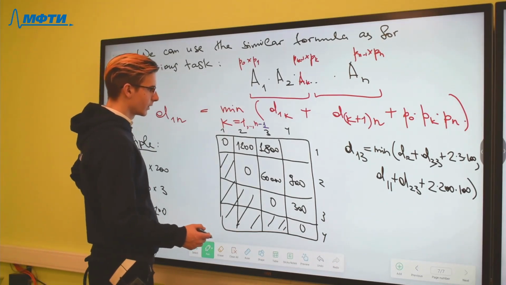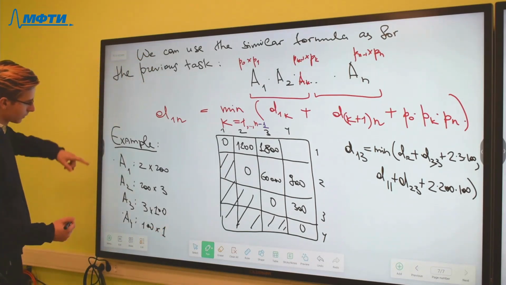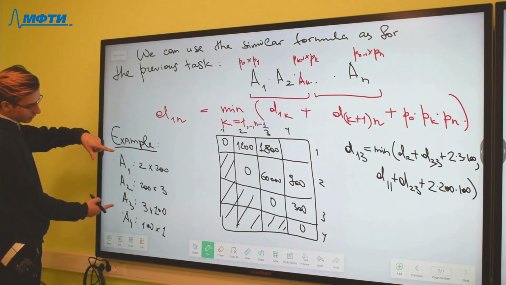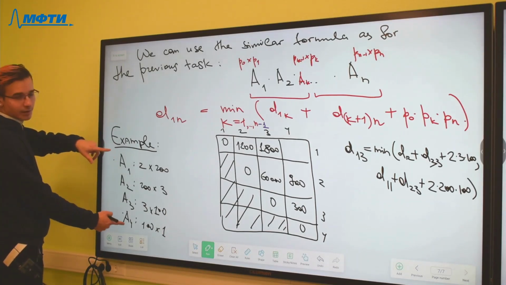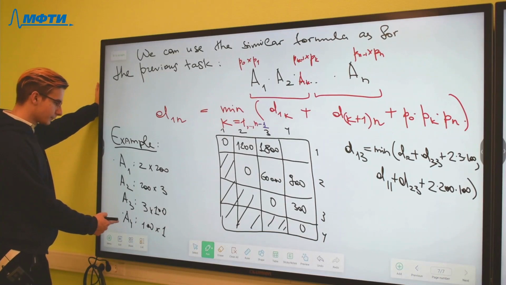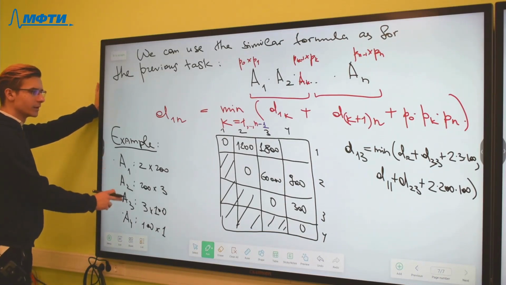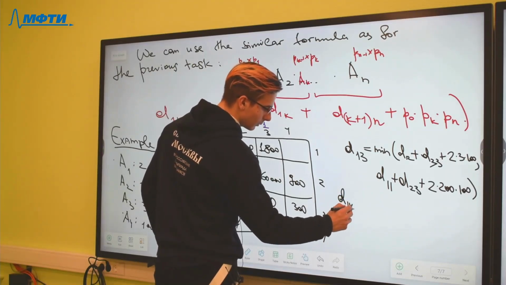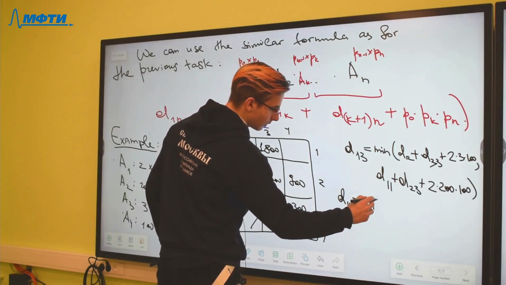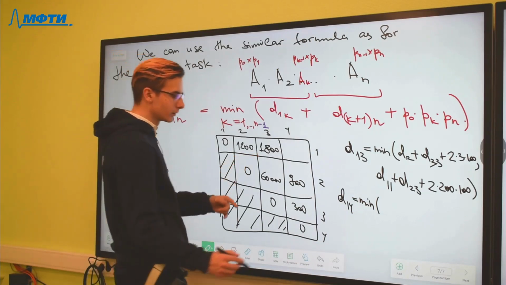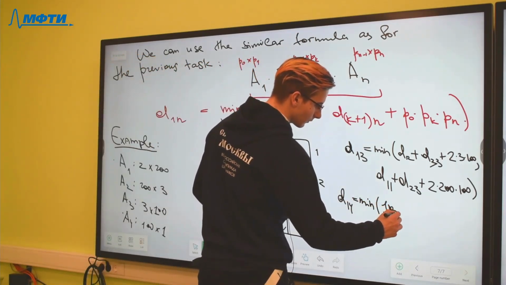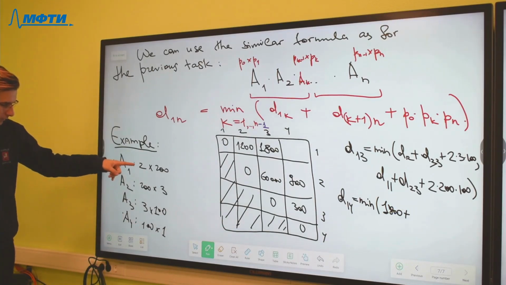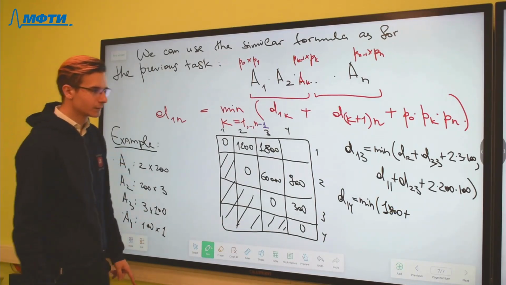We need to compare if we multiply firstly this, and then multiply, we know d1,3 is equal to this number, and add 200.